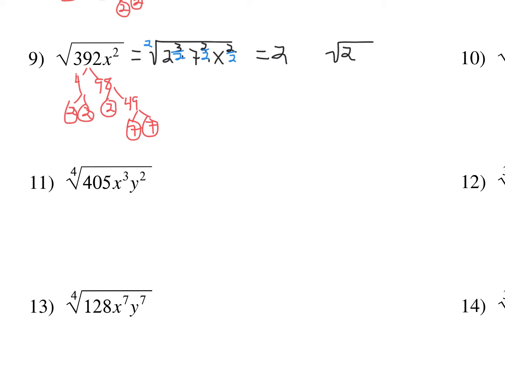With the 7, 2 goes in evenly once with no 7's left over, so times 7. Whatever comes out in front gets multiplied together. No 7's left underneath. And 2 divided by 2 is 1, so there's 1 x that comes out in front, no x's left underneath. If I multiply that out, 2 times 7 times x is 14x, square root of 2.